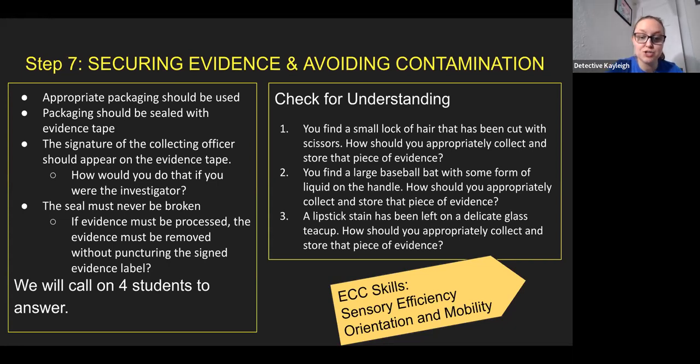It's okay to touch our evidence because we've already made a diagram. We know where it was located, and we photographed exactly what it looked like prior to us coming in and moving it. So when we actually collect it, there are 2 major parts before we get into the crime scene specific elements: collecting and storing the evidence.